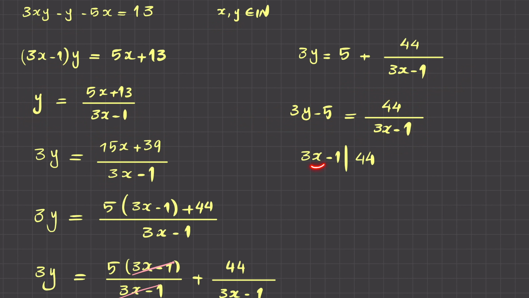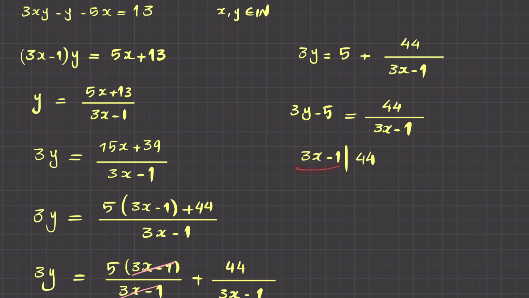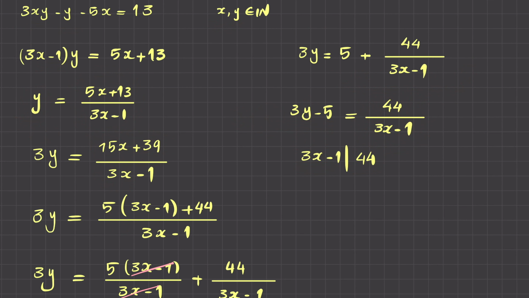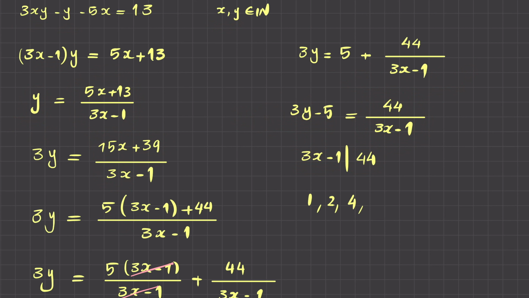But because x is a natural number, the minimum value of x is 1, so this is always positive. Okay, so the left hand side is positive and the right hand side is 44. 44 is supposed to be divisible by this one, but we know that 44 is only divisible by these positive numbers: 1, 2, 4, what else?